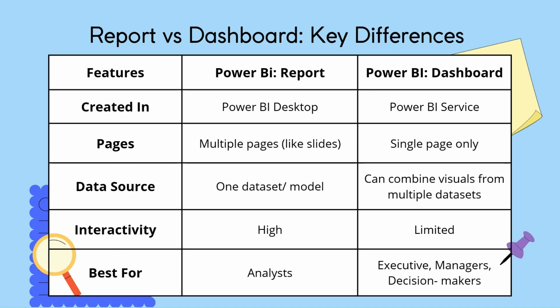Reports offer high interactivity like slicers, filters, drill through, and tooltips, whereas dashboards are less interactive, mainly showing pinned visuals. Our last feature is best for. Reports are best for analysts and data explorers who want to dive deep, whereas dashboards are made for executives and managers who just need high-level KPIs at a glance.